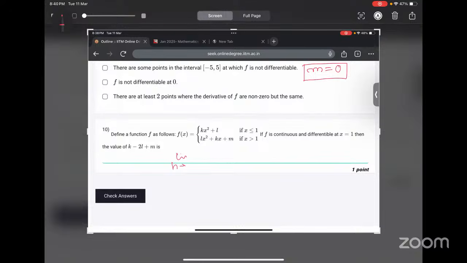Left hand derivative is limit h tending to 0 minus of f of 1 plus h minus f of 1 by h, and this should equal the right hand derivative, because it is differentiable at x equals 1. Is it fine? Yes, ma'am.